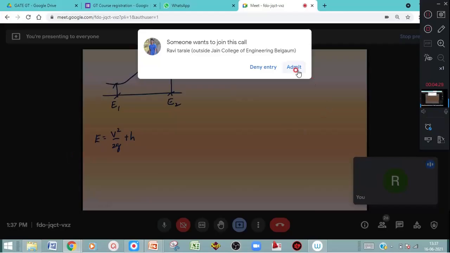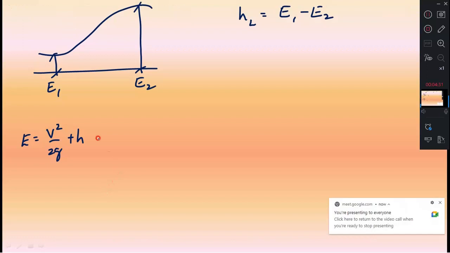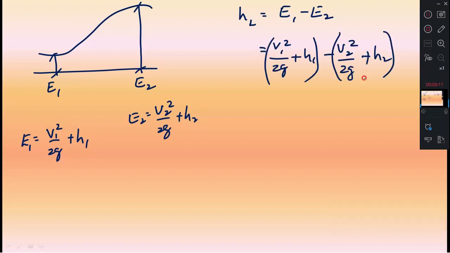Then according to your sections you need to apply that. For the first section it becomes E1 is equal to V1 square divided by 2G plus H1, and for the second it becomes E2 is equal to V2 square divided by 2G plus H2. Any doubts here? No doubt. Then we will substitute here. Then what will you get? Right, now you don't have any doubts.